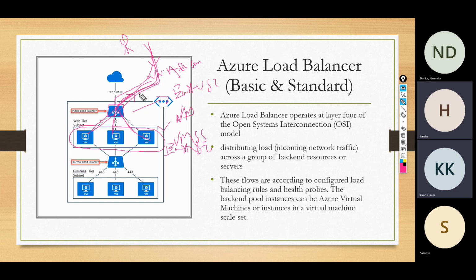If the load balancer and the VMs are in different regions, you can't add them into the backend pool. This load balancer works on layer 4, which in the OSI layer model is the transport layer. That means it supports TCP and UDP traffic, it especially handles TCP and UDP traffic.